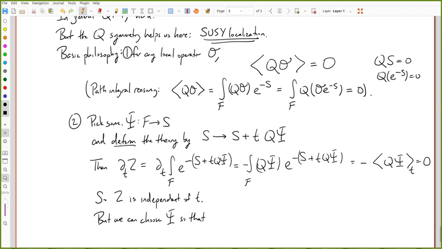Again, the intuition that Q is like a kind of vector field is not too bad here. If you have a vector field, Q acting on some function will be 0 at the zeros of the vector field.